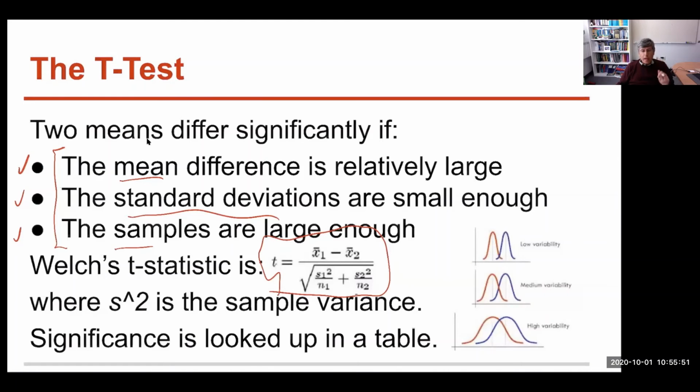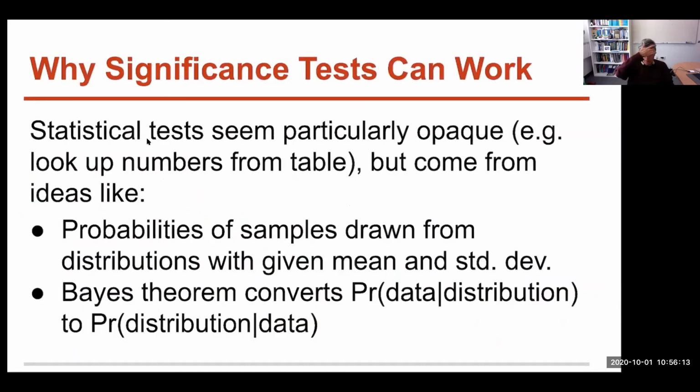Basically, you look that significance up in a table, and that will tell you whether it's significant or not and what's the likelihood that that would have happened. Any questions about the basic mechanism by which a t-test works? We compute a statistic, there is then this magic table that tells us what the probabilities are.